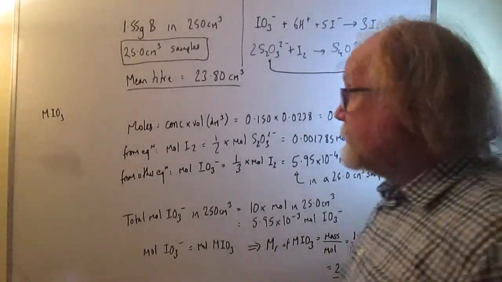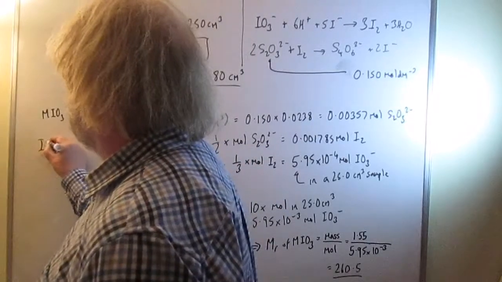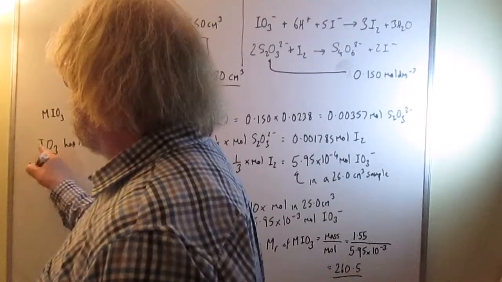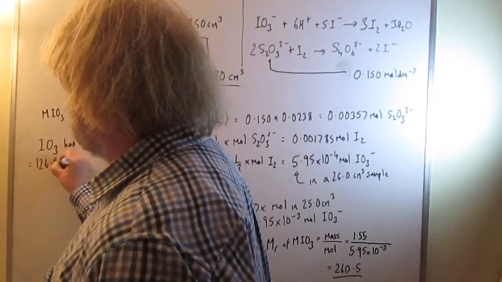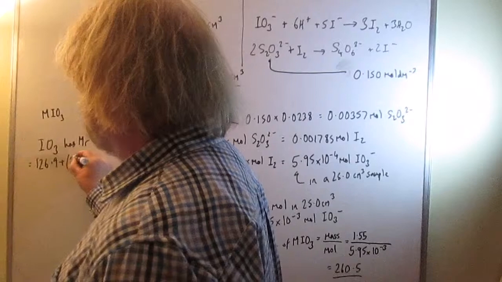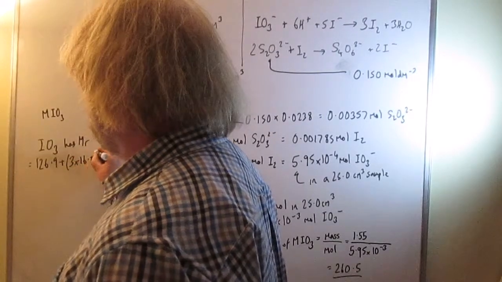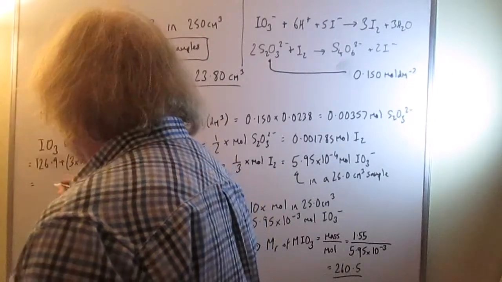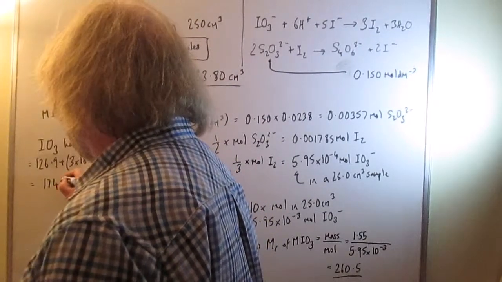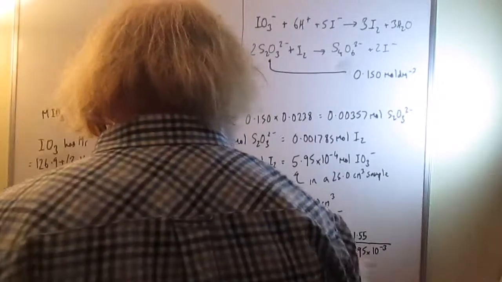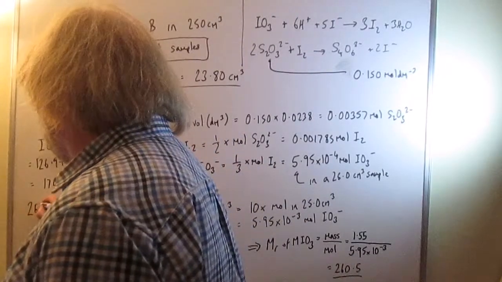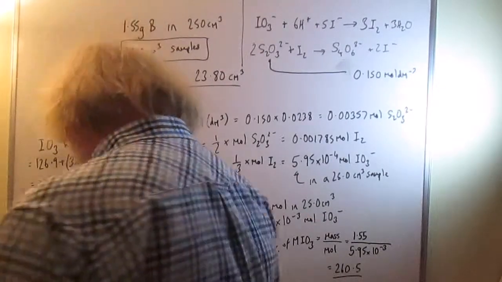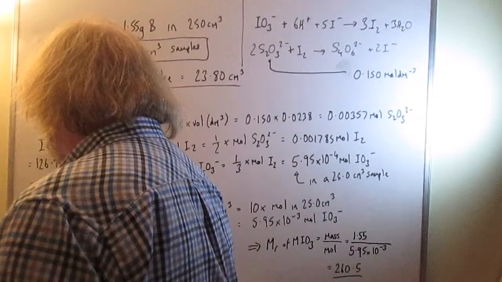So now all we have to work out is what M must be in order to add up to that. So we can work out that IO3 has an Mr equal to 126.9 for iodine, plus 3 lots of 16 for oxygen, which adds up to 174.9. And if we do the subtraction, the total Mr, 260.5 minus 174.9 is equal to 85.6.